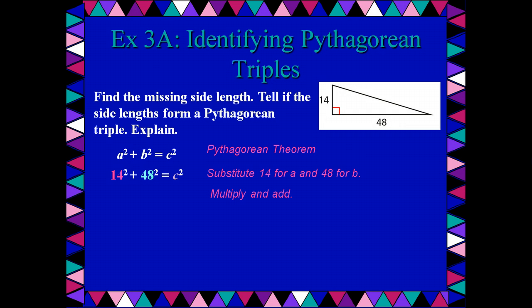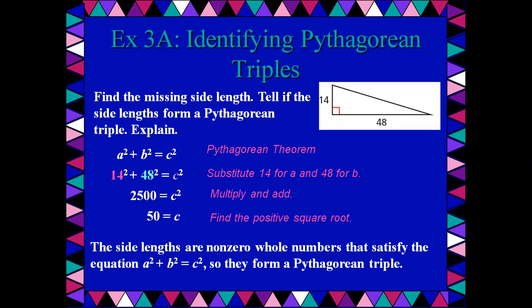We multiply and add, and we get 2500 equals c squared. We find the positive square root, c equals 50. The side lengths are non-zero whole numbers that satisfy the equation a squared plus b squared equals c squared, so they form a Pythagorean triple. Remember that they have to be whole numbers.